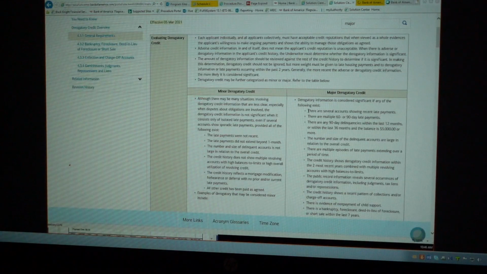What establishes major derogatory credit? There are several accounts showing recent lates. If there are multiple 60 or 90-day late payments, that is considered derogatory credit. In this case, we've already seen that we have 2 that are 60 days late.